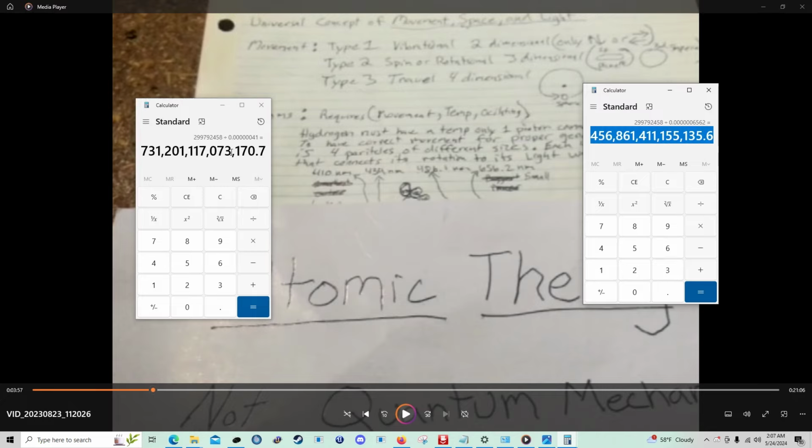This frequency is lower than this one, so the electrons orbiting at this wavelength are going around more times per second than the ones orbiting at this wavelength. And we have four different spectrum lines from hydrogen: 410 nanometers, 434 nanometers, 486.1 nanometers, and 656.2 nanometers.